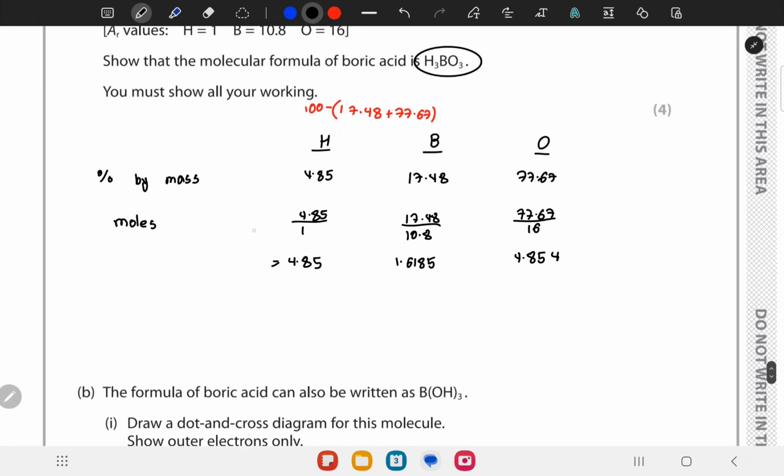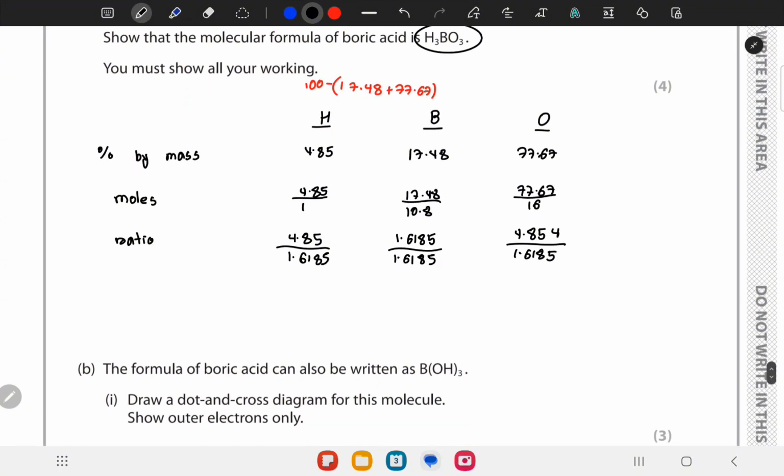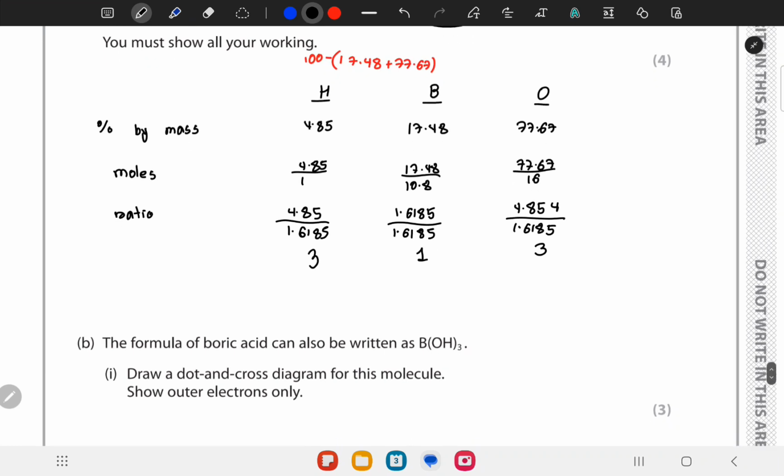We divide the values by the smallest one, so 4.85 by 1.6185, and we get 1, 3, 3.